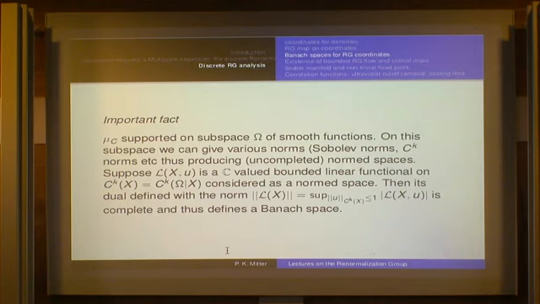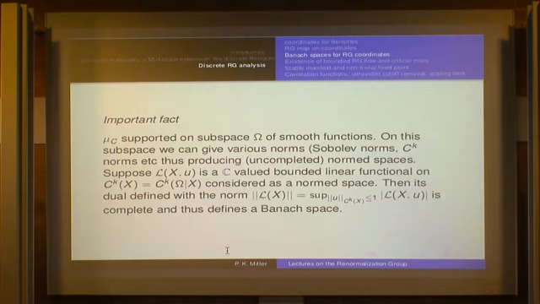It's a standard procedure of constructing versions. This is in Helmholtz. But on this subspace, we can give various norms, Sobolev norms, CK norms, etc., thus producing uncompleted norms, we never complete. It doesn't mean that everything will be lost if I complete it, okay? They're not completed.